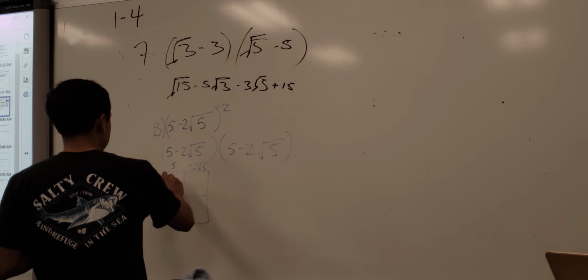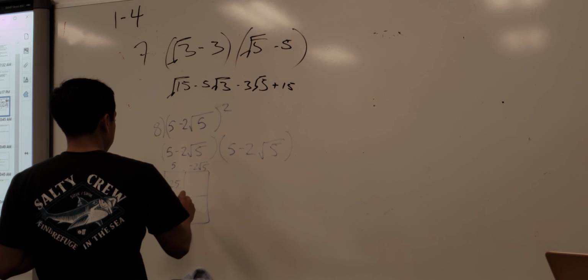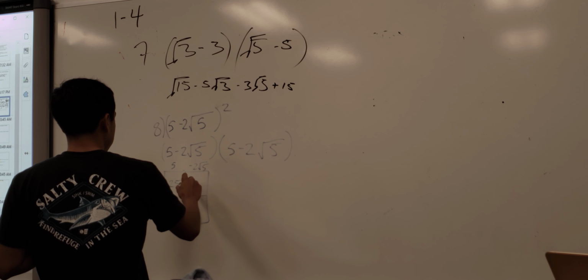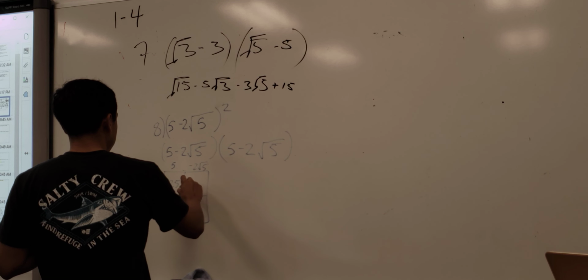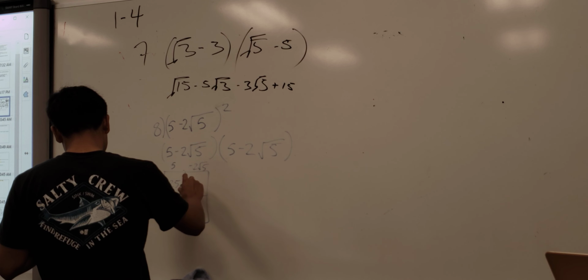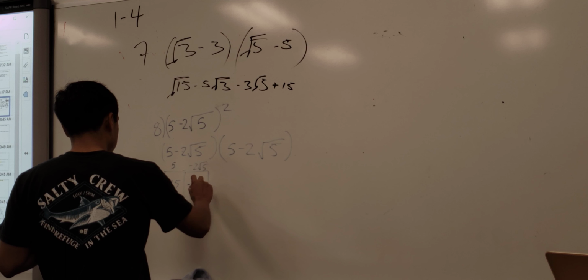Remember when you have a binomial squared, your diagonals should have the same numbers in them if you're using the box method. Those are going to be... What happened to this group here?